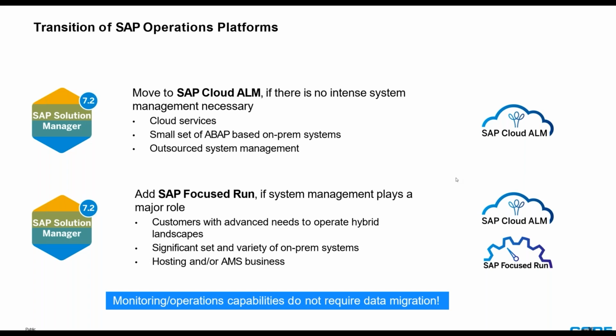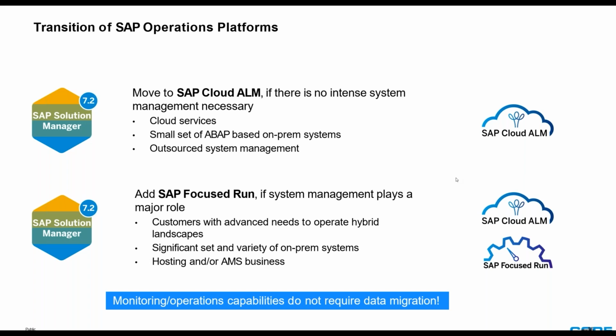Depending on how much you're using the operations side, you'll really have to decide if Cloud ALM will be the best tool for you. For example, if you're just doing some basic monitoring, such as health monitoring or some technical monitoring, then Cloud ALM would probably be the tool to migrate that monitoring into.